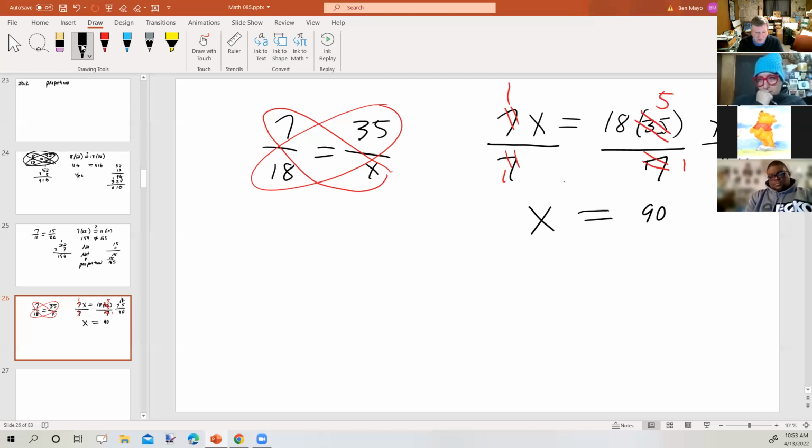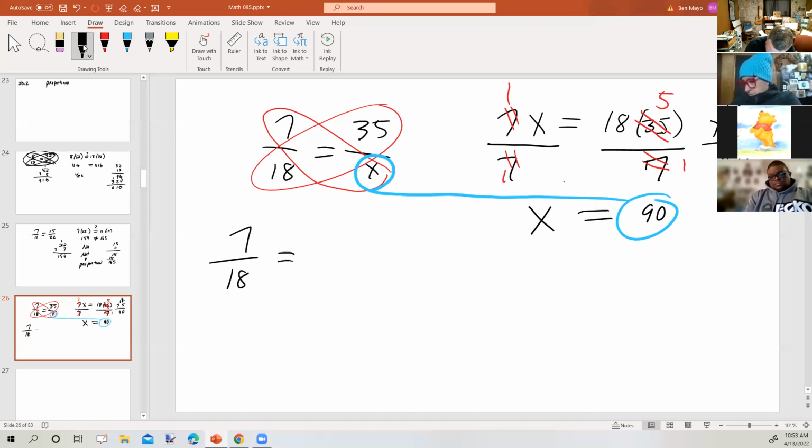So now I've solved the equation. I'm going to check my work. I'm going to take this and put it in the place of x and see if I have a true statement. 7/18 equals 35 over 90. Well, if it does, then the cross product should be equal.